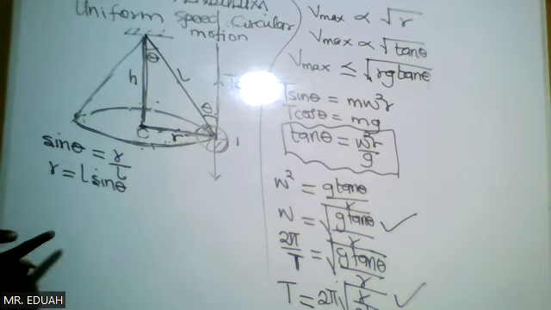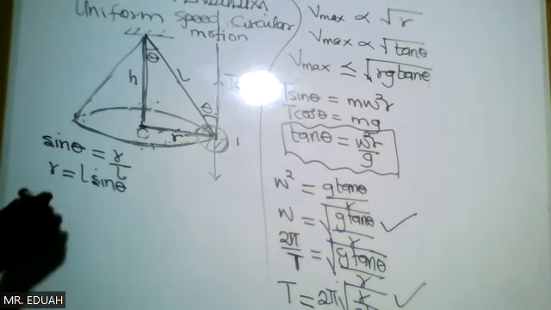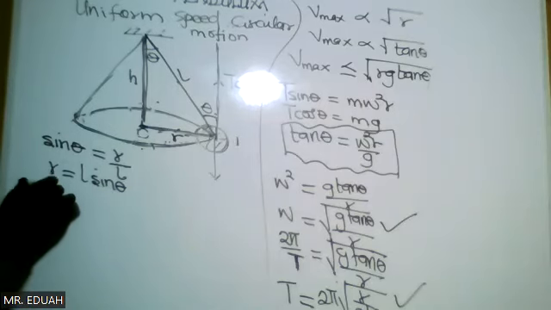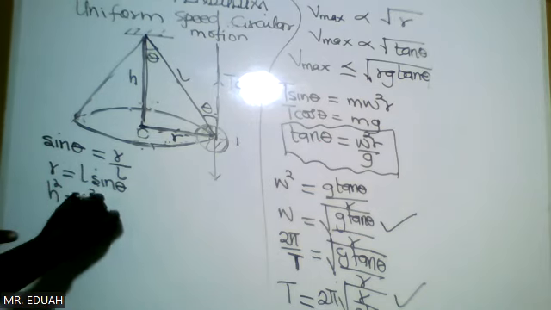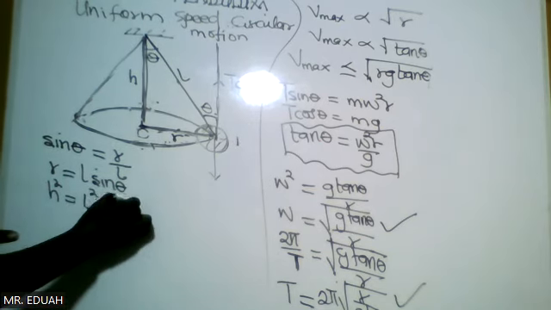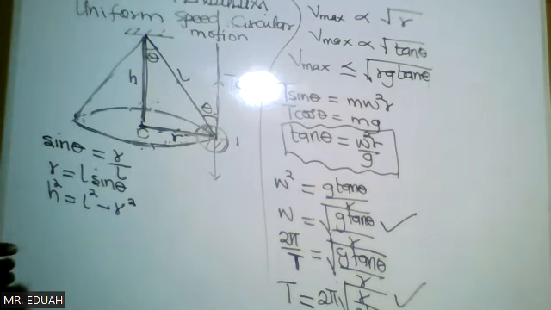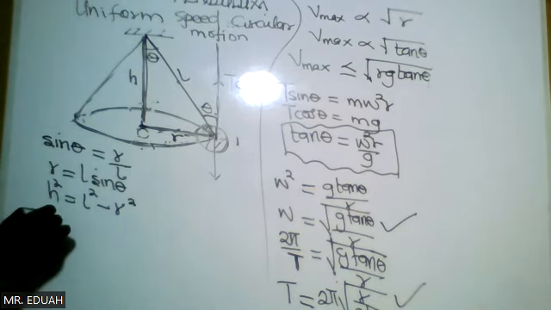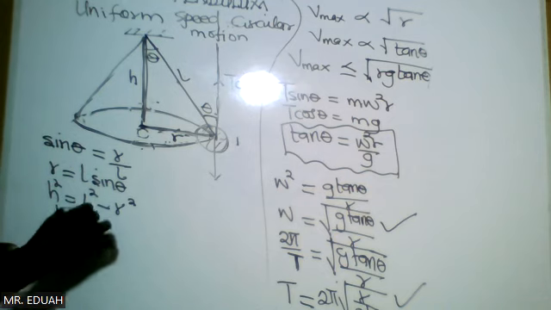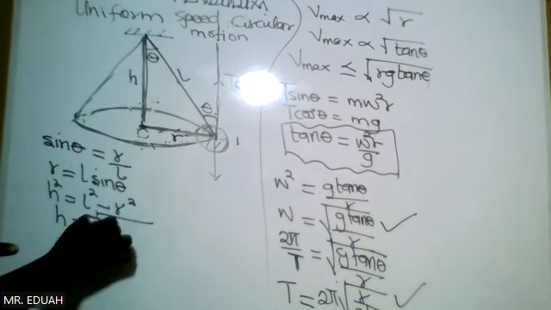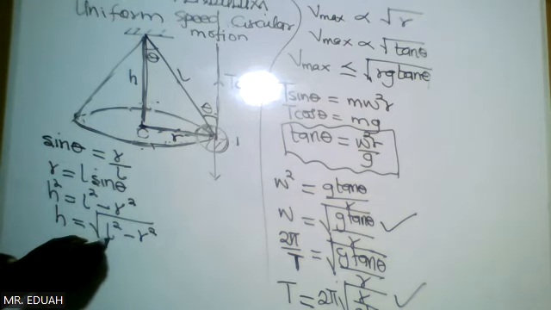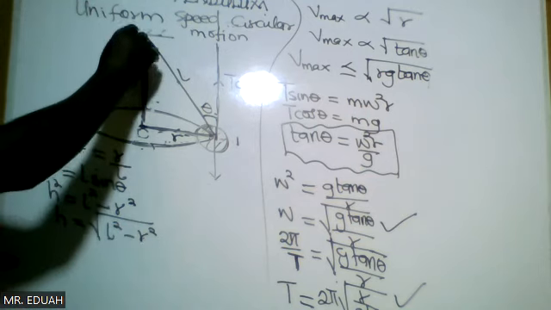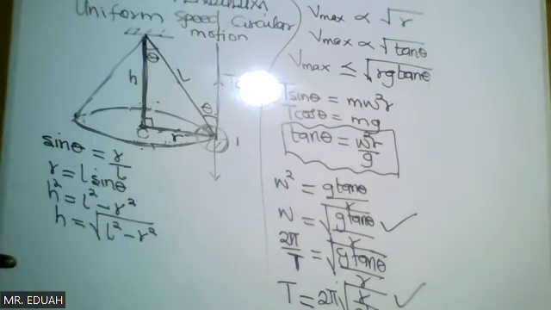We can also, from Pythagoras theorem, deduce that H squared is equal to L squared minus R squared. Therefore, H is equal to square root of L squared minus R squared. Meaning, if we have the length of the string and we have the radius of the circle, we can find its vertical height h.